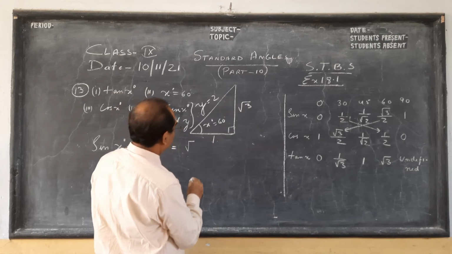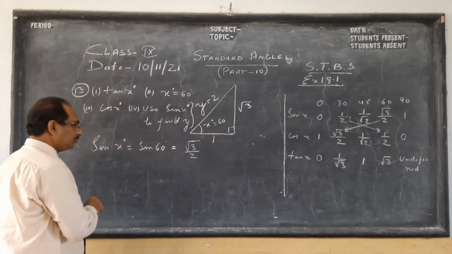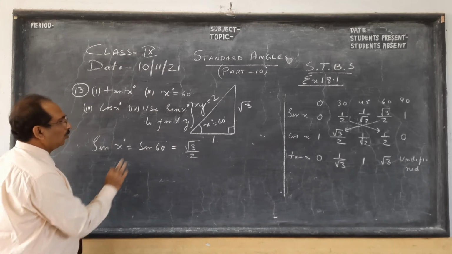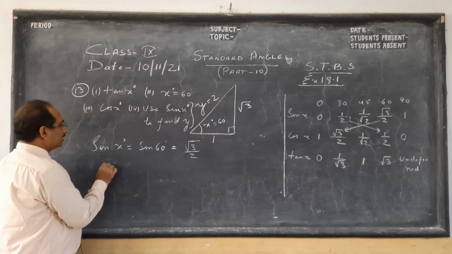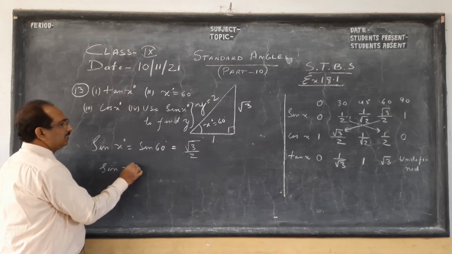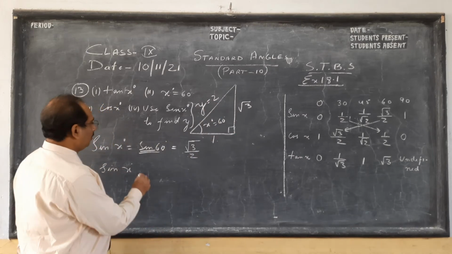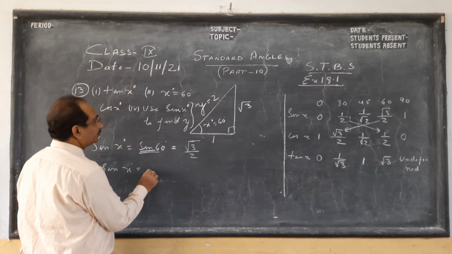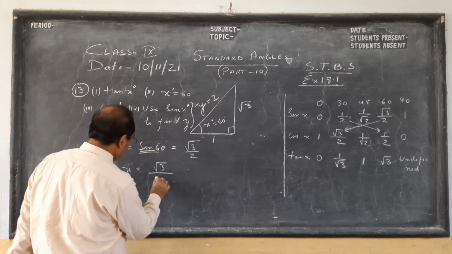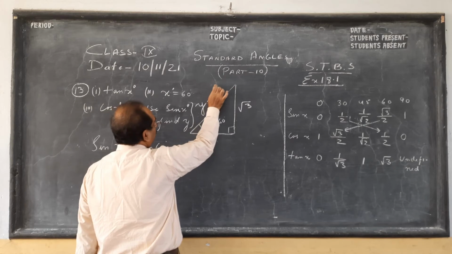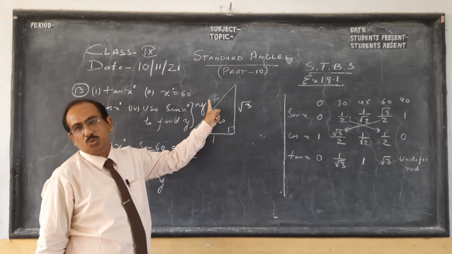Sin 60 degree is root 3 by 2. Now in another way, sin x degree is this by this. So it is root 3, let it be y. We don't know it to be 2.